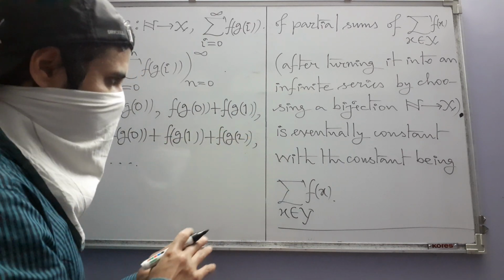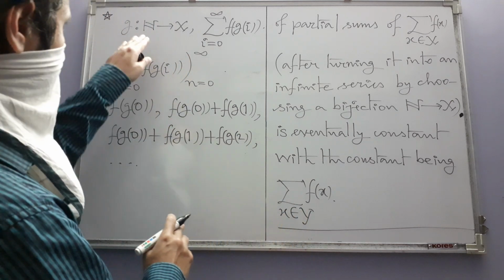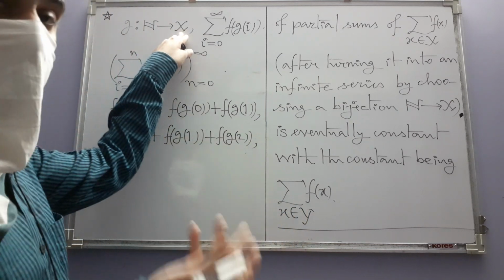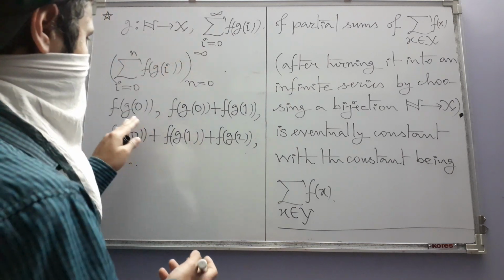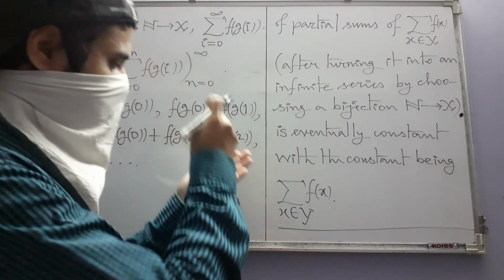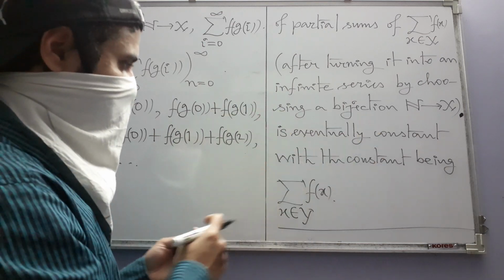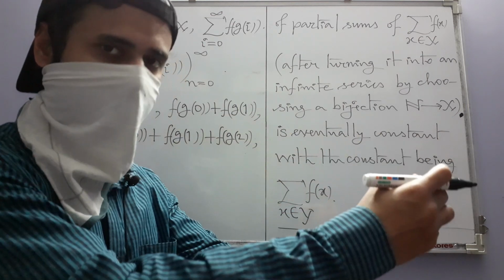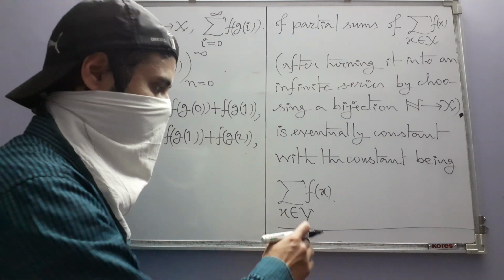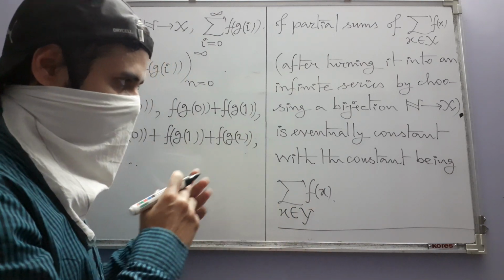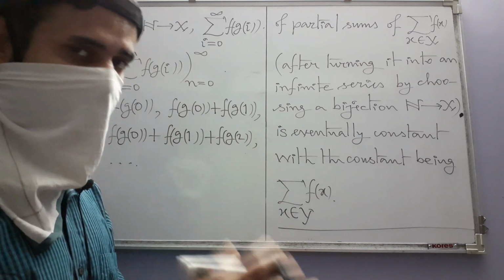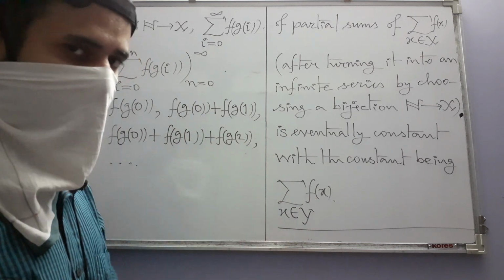The g values are in fact elements in x, because g is a bijection from n into x. So as you are considering this g of 0, g of 1, g of 2, actually you are considering the elements of x. Now among those elements you have the elements of y, and that's why, because y is finite, this is going to exhaust all the elements of y eventually.